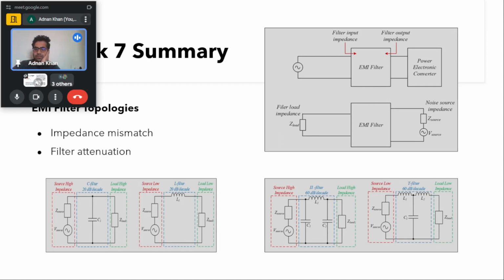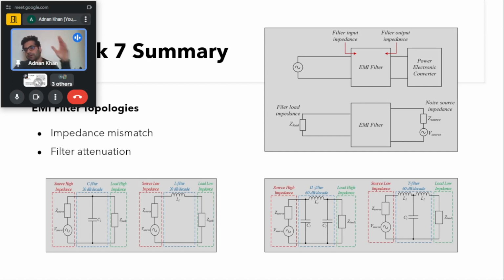So this was about the different filters depending upon the impedance at the source and the load. We can have different filters of different impedances to eliminate this EMI problem.